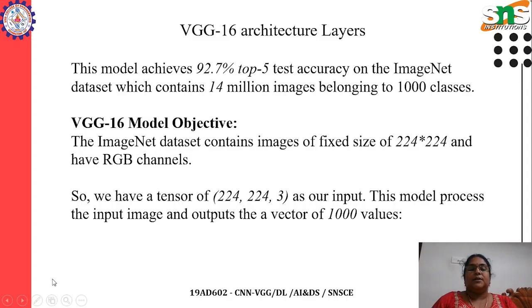The main VGG16 objective: the ImageNet dataset contains images of fixed size 224 by 224 with RGB channels, so we have a tensor of 224 by 224 by 3 as our input. This model processes the input image and outputs a vector of 1000 values. This is considered a very good advantage of this model.